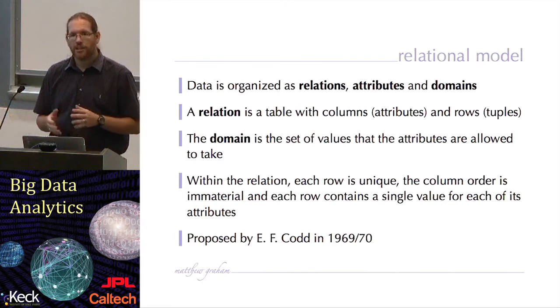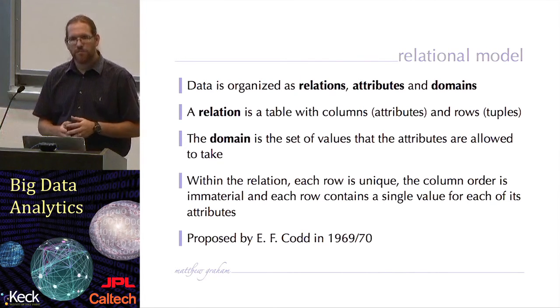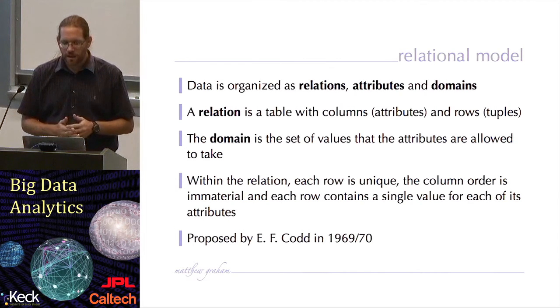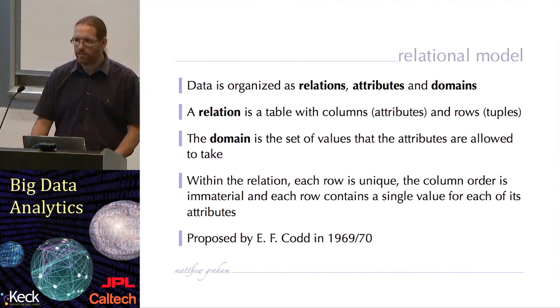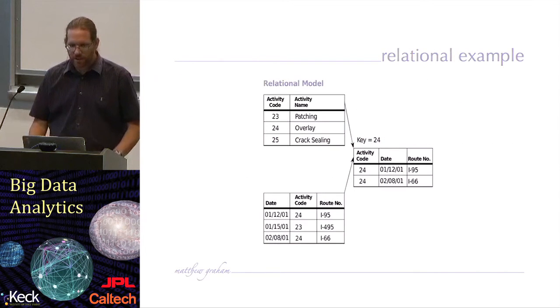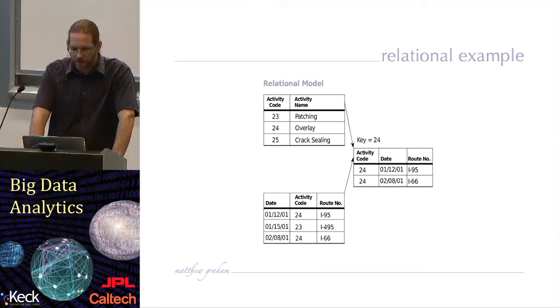There are some relaxations of these particular constraints in variants on the relational database model, but as it stands, this was originally proposed by Codd in 1969-1970 and has formed the basis for all the relational database technology that underpins our lives today. This is an example of a relational model. In this particular case, we have 3 relations, 3 tables.